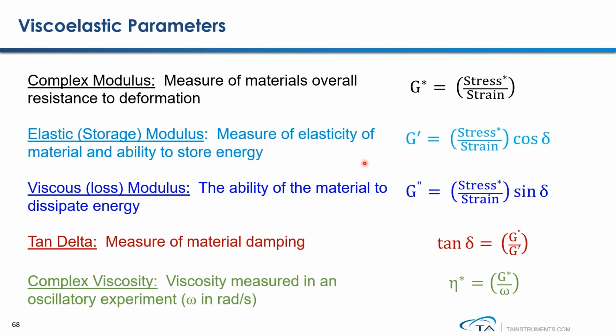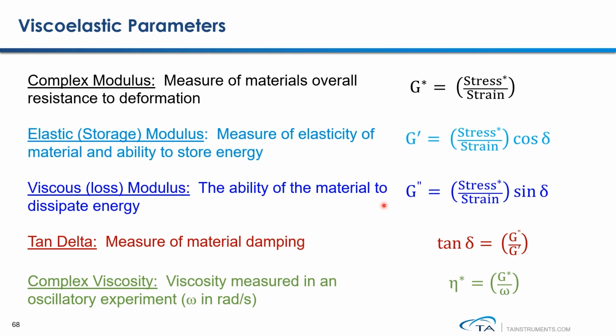It is a measure of the elasticity of the material, the ability of the material to store energy within the oscillation cycles. The second component is called viscous modulus. People also call it loss modulus. It is a measure of the ability of the material to dissipate energy, how much energy is lost as heat during the oscillation measurement.